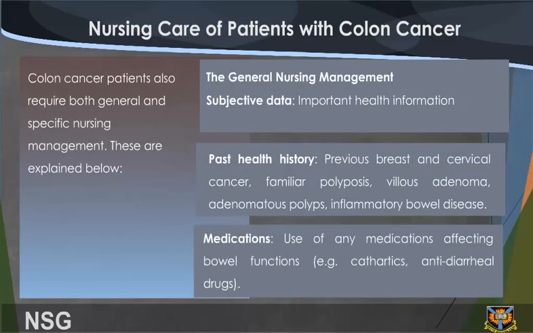Nursing care of patients with colon cancer. Colon cancer patients also require both general and specific nursing management. These are explained below. The general nursing management: subjective data, important health information, past health history, previous breast and cervical cancer, familial polyposis, villous adenoma, adenomatous polyps, inflammatory bowel disease.